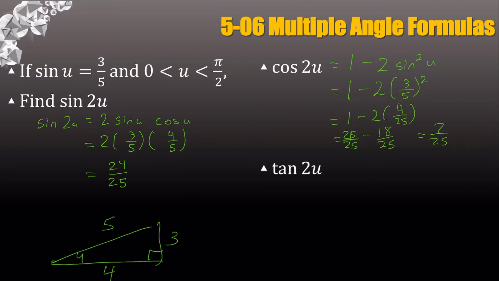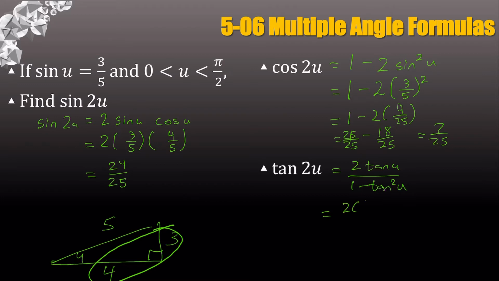Let's find tangent of the same angle. Well, tangent of 2u is 2 times tangent of u over 1 minus tangent squared u. From my triangle over here, tangent would be 3/4, opposite over adjacent.